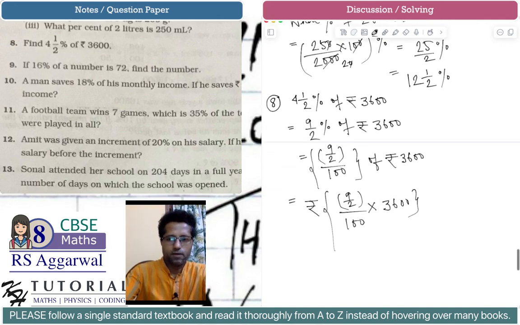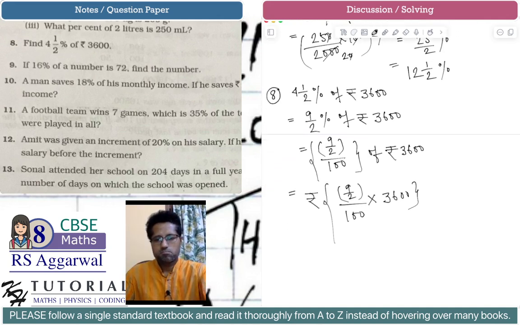Now we have to simplify the expression inside the bracket. So this becomes rupees, if you do simplification, 100 cancels 3600 with 36. So this becomes 9 multiplied by 36 by 2.